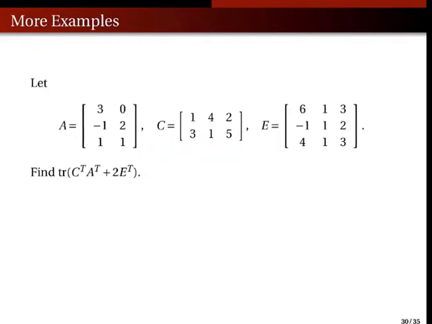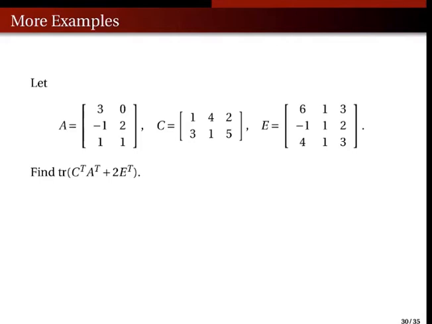Let us work on these examples. So you have C transpose A transpose plus 2E transpose, and you want to get the trace of that. Let us first work on the C transpose, the A transpose, and also your E transpose.